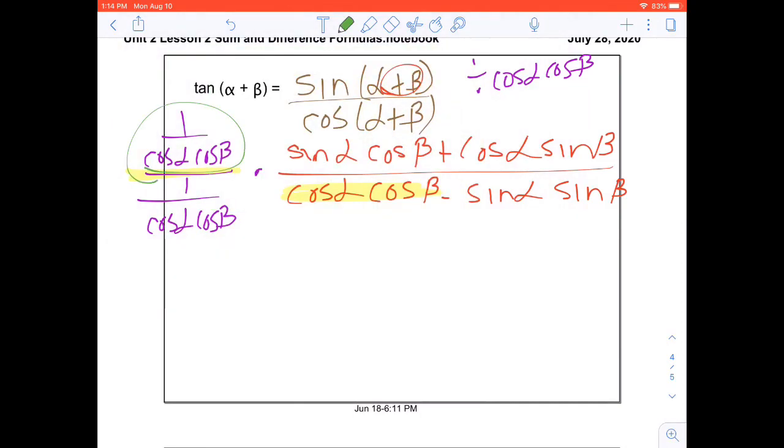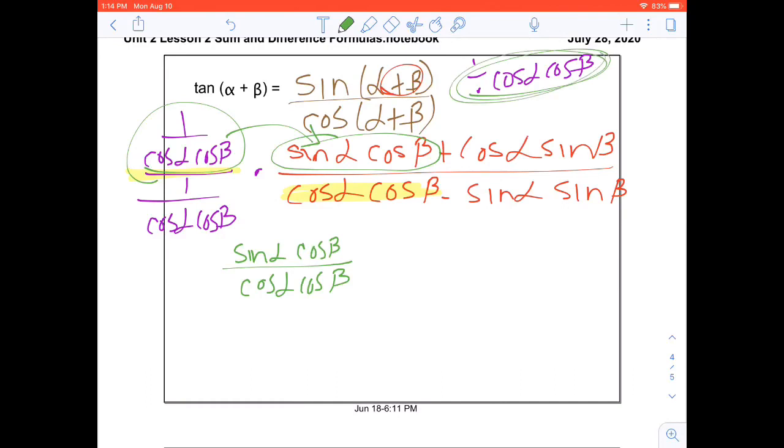When I take this term and I multiply it by sine of alpha cosine beta, that looks like sine alpha cosine beta over cosine alpha cosine beta. Again, we're just dividing all of the terms by cosine alpha cosine beta. When I do it to this term, we get cosine alpha sine beta all over cosine alpha cosine beta.